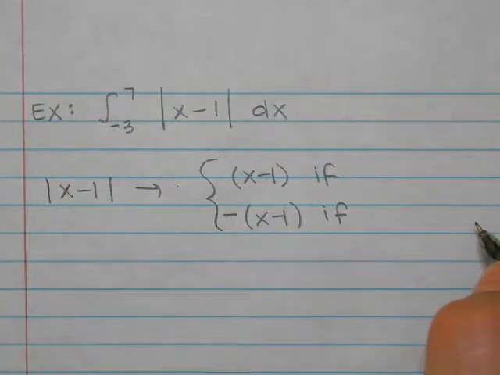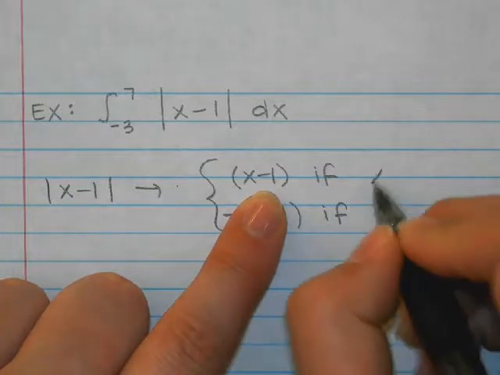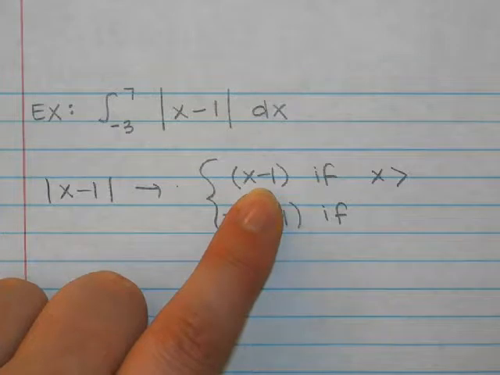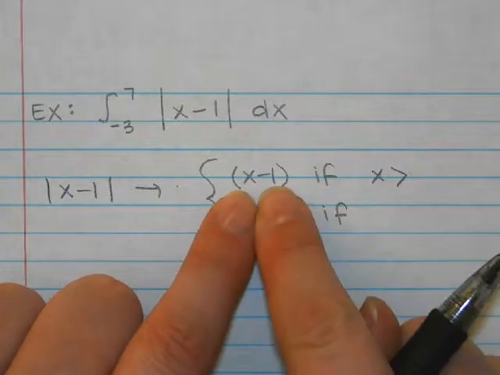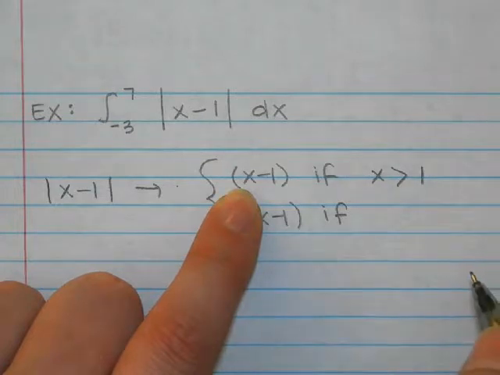Is this ringing a bell? You remember this? Okay. So we use the positive version if x is greater than 1, and that's because the vertex would be at 1.